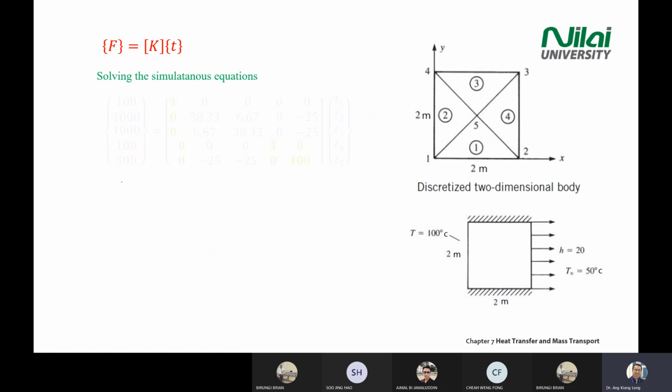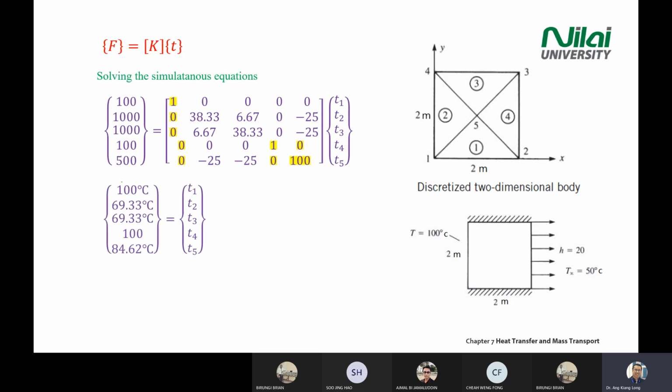So you run the simulation, you solve for the unknowns, you will get the temperature. I think the temperature value here is a bit wrong, because I used 500 in my calculation. This one should be 5,000.